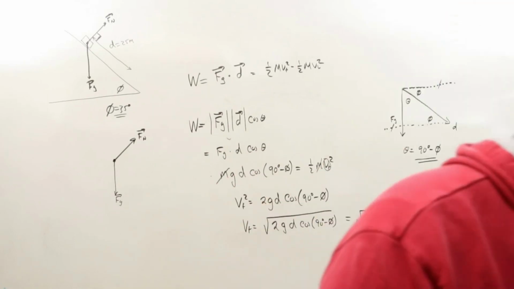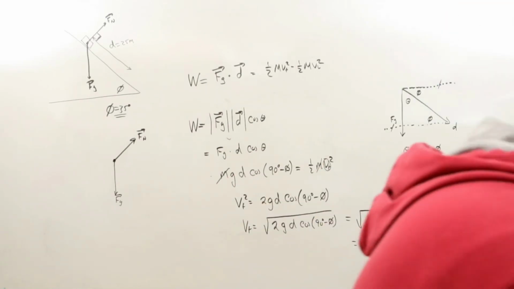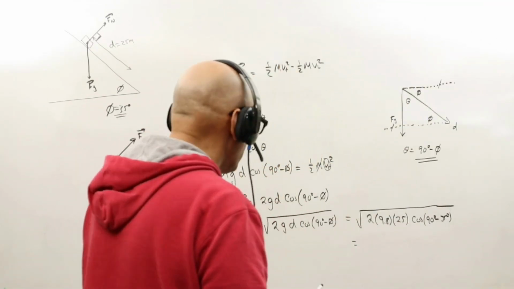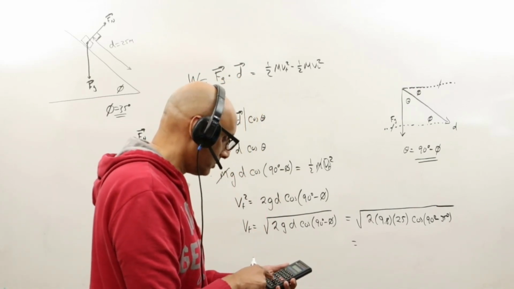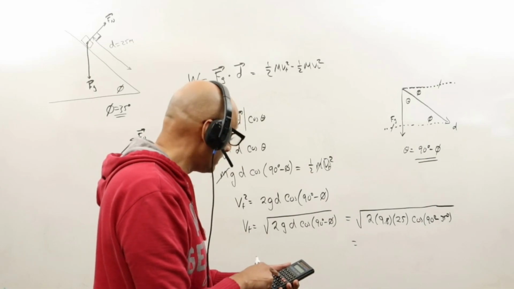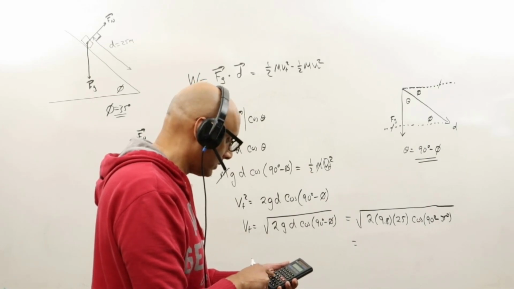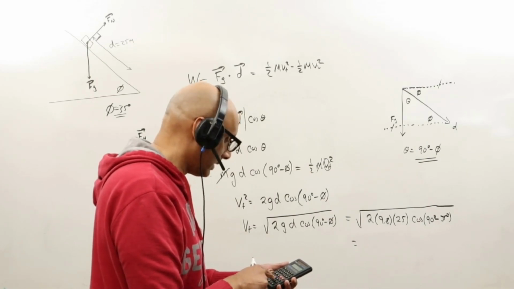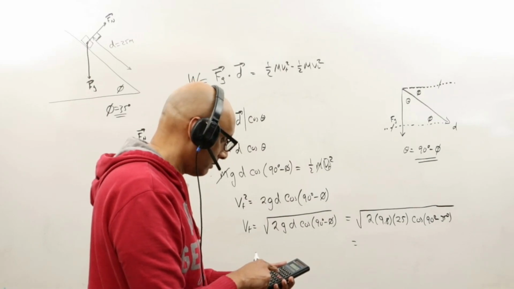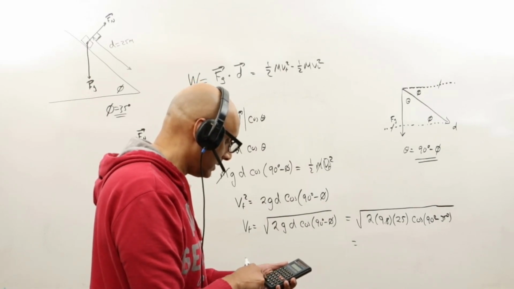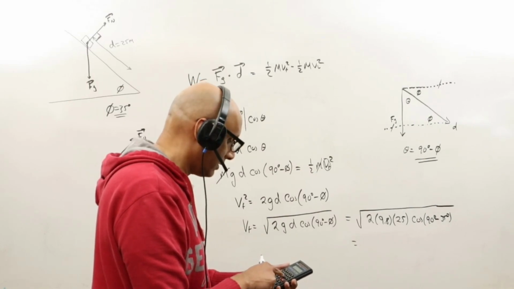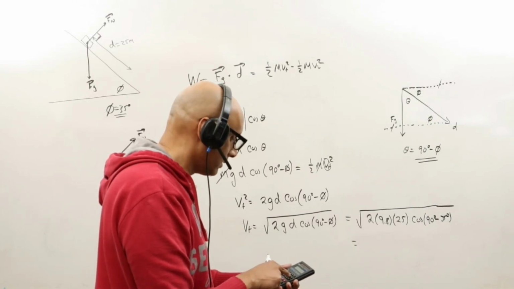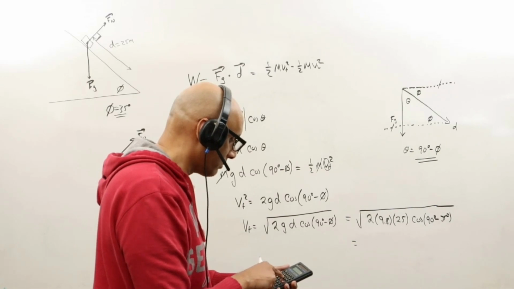You should be able to enter this equation directly into your calculator. So I'm going to put down parentheses 2 multiplied by 9.8 multiplied by 25 multiplied by parentheses 90 minus 35 close parentheses cosine close parentheses and then square root.